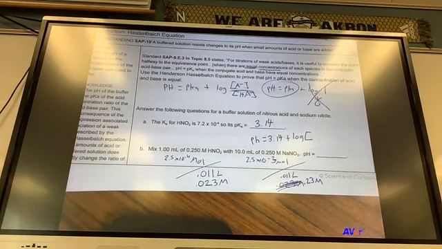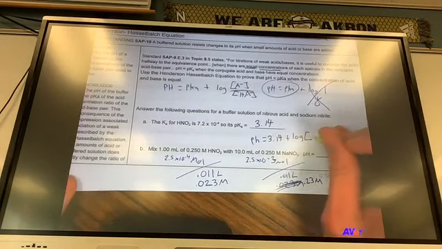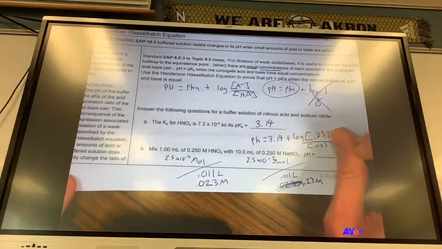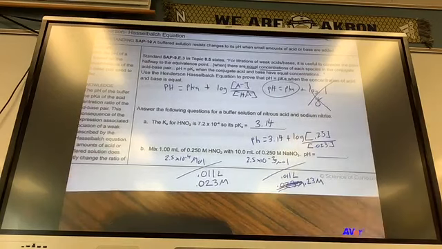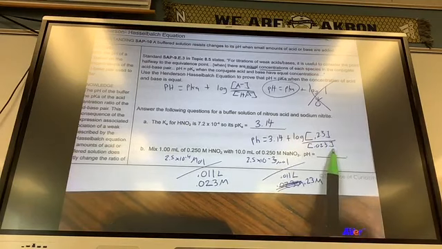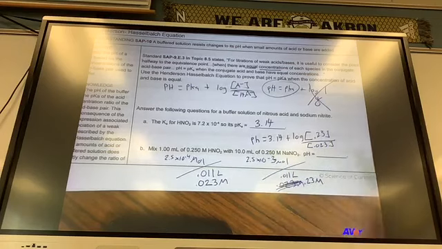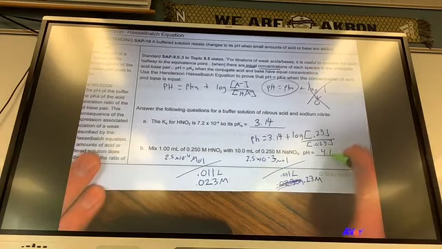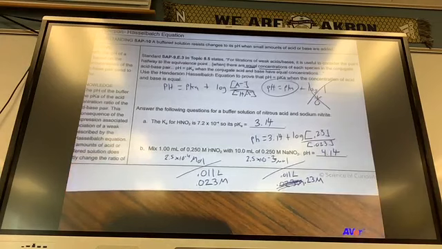The 0.23 is going to go on the top, so 0.23 over the 0.023. So this is log of what? 10. Log of 10 is 1. 3.14 plus 1 is 4.14. So my pH equals 4.14. So that's how I would do a question like that. Flip it, and there's going to be a big old blank.